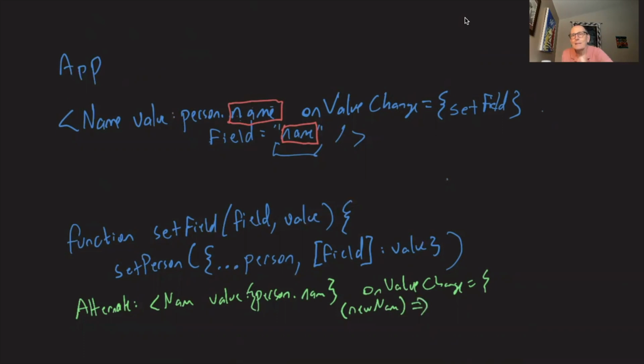So we're going to go back again to just passing the name. And then what we could do is just call, let's say, setField of name, new name.